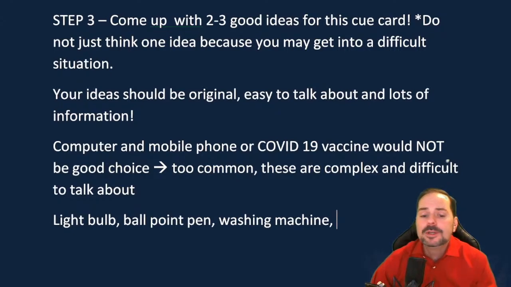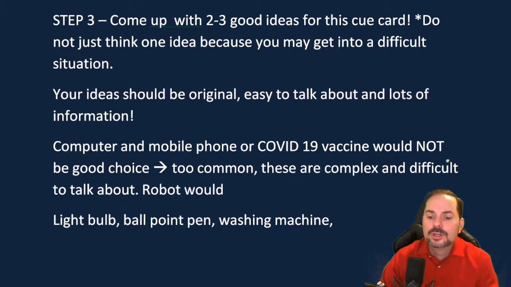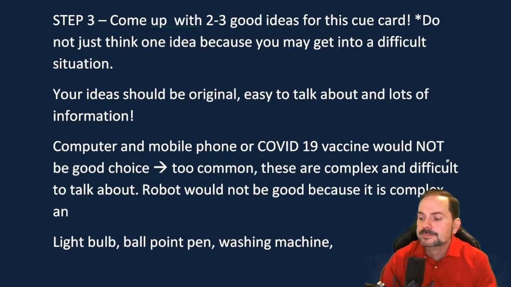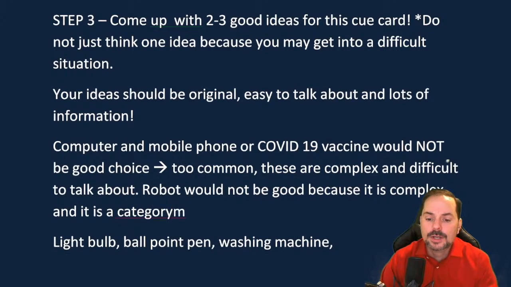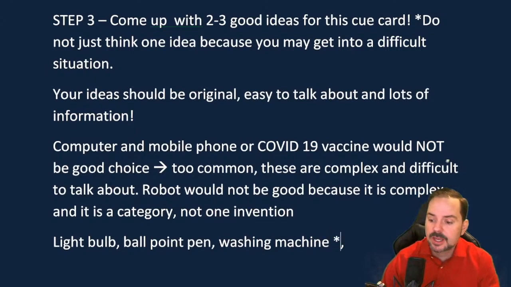Satish, robot would not be good, okay? So, robot would not be good because it is complex and it is a category, not one invention. And I'll show you what I mean. Satish, the washing machine is a type of robot, okay?